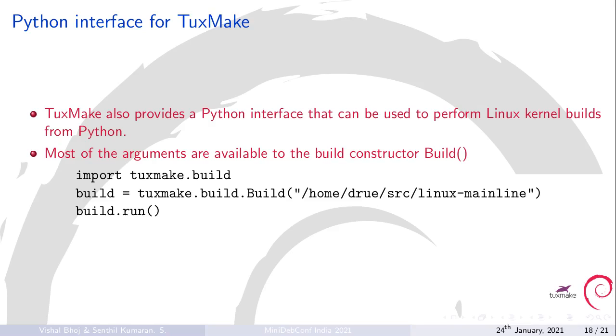Most of the arguments are available to the build constructor, and they are similar to the ones that are available in the CLI. So doing the build in Python would just be these three commands in Python, and based on the arguments, you can pass them to the build constructor.